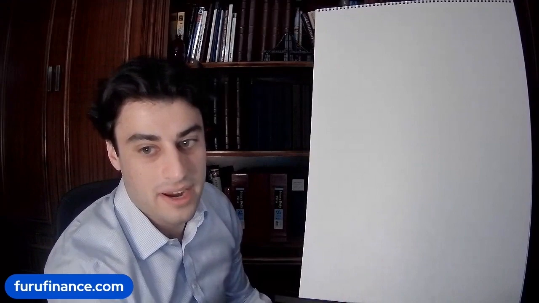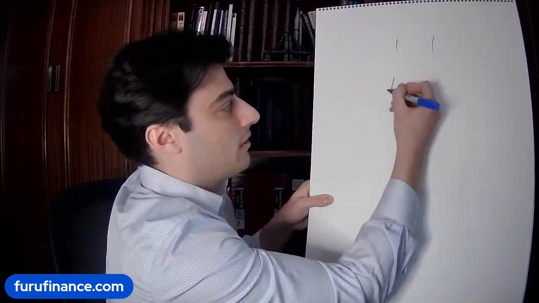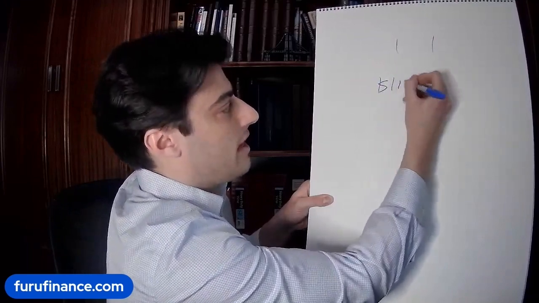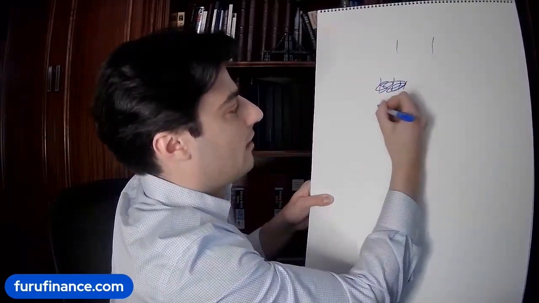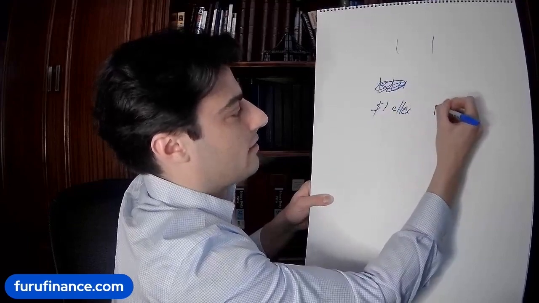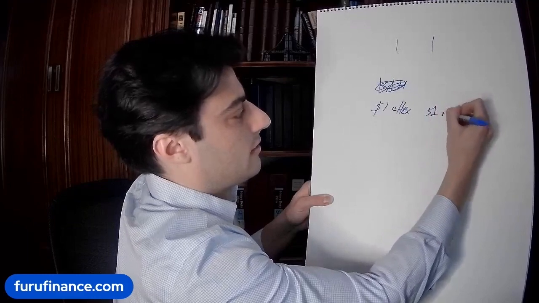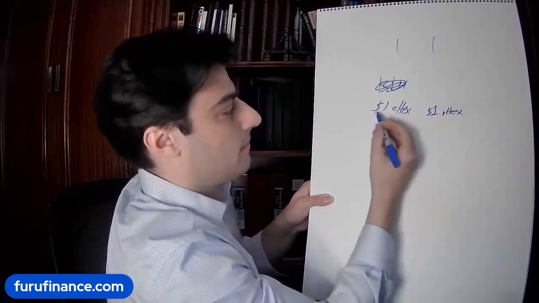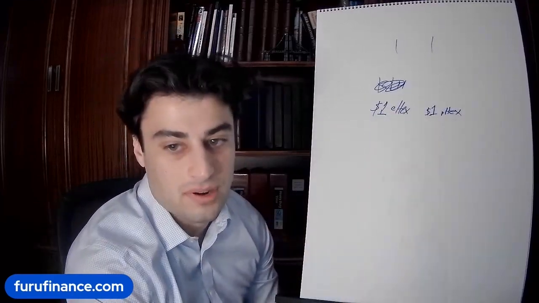But against the US dollar, it's different, right? The US dollar pairs could change. So let's say you have 1 to 1 and they start off, let's say HEX is $1. It's not a liquidity pair, but it's $1 EHEX and $1 PHEX. They're each $1, and they're tradable 1 for 1.